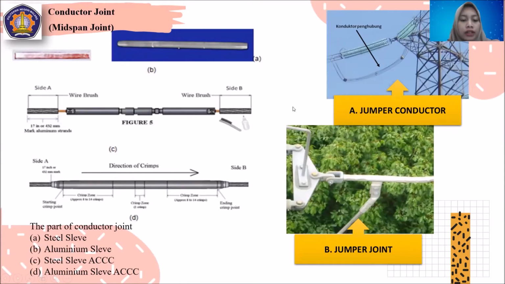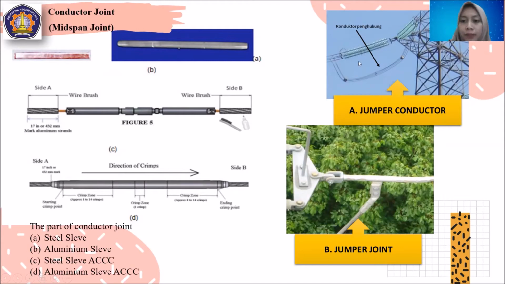The conductor joint is a material that has a function to connect conductors, which are joined by high pressure press. The parts of the conductor joint with press are A, steel sleeve, B, aluminum sleeve, C, steel sleeve ACCC, and D, this picture, the part of the conductor joint that is aluminum sleeve ACCC.